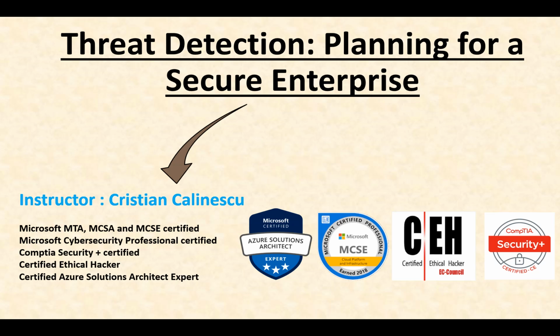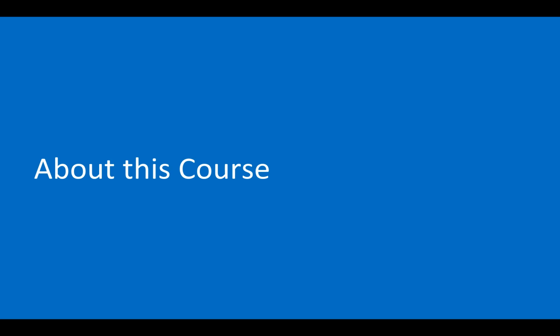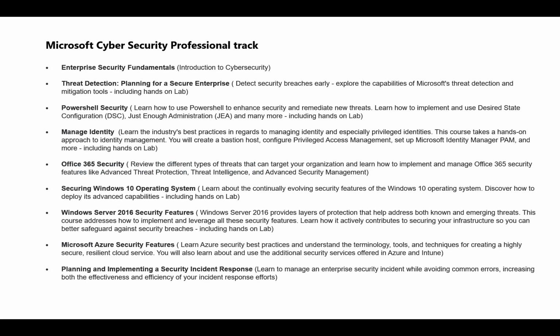This is the second lesson of the introductory section in which we are going to discuss this particular course. First of all, I want to let you know that this course is the second course from a series of 9 courses which are meant to prepare you to become a Microsoft cybersecurity professional.